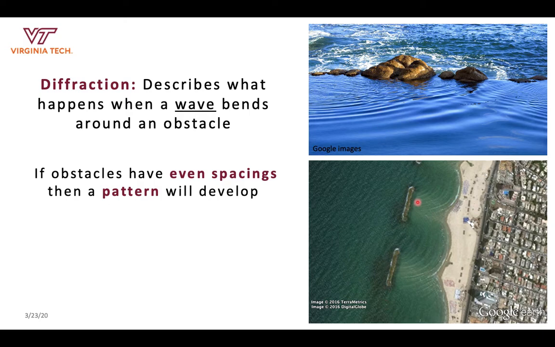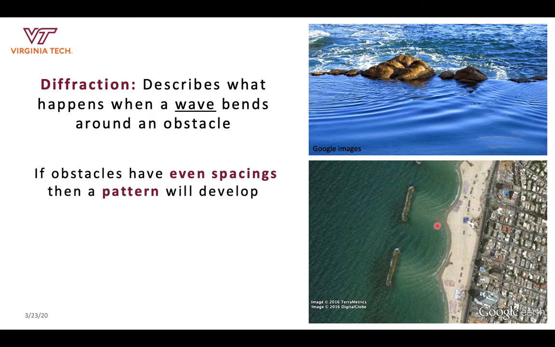So it's clear the waves are propagating through the openings. They're bending, so you can see that arcing pattern as the waves propagate towards the beach after passing through the opening. And because of the even spacings, you can see that there's a pattern developing, and that pattern is most obvious when you look at the sand, right?